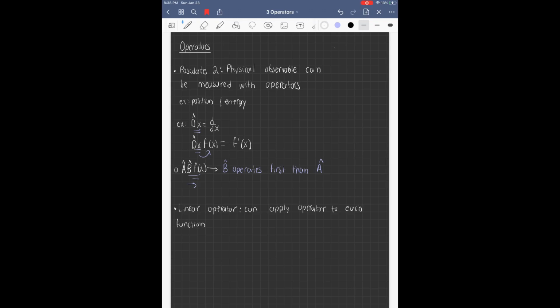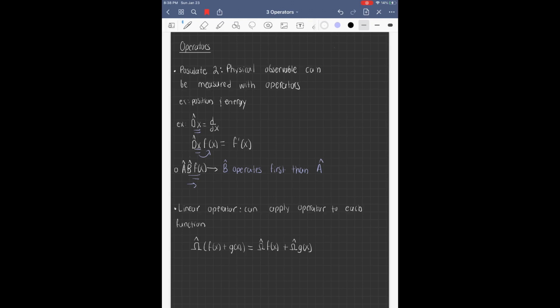So let's say we have an arbitrary operator omega, and this operates onto f of x plus g of x. It's basically saying that this is equal to the operator applied separately.